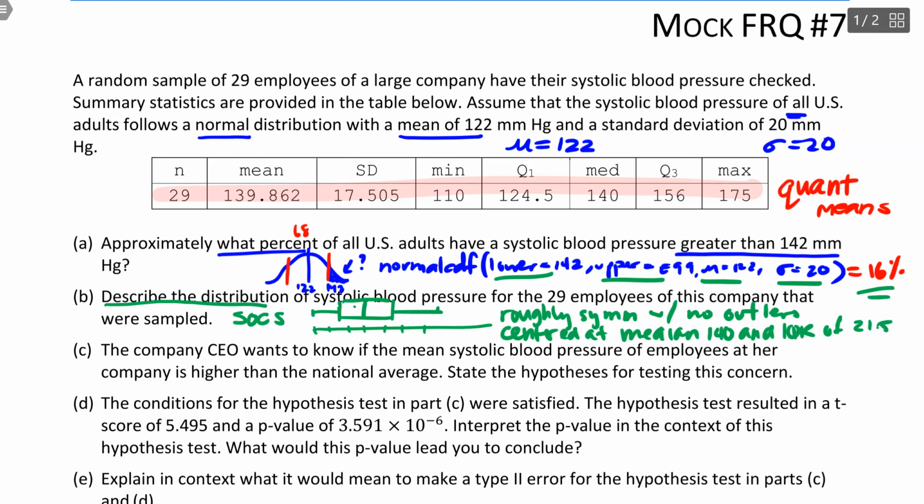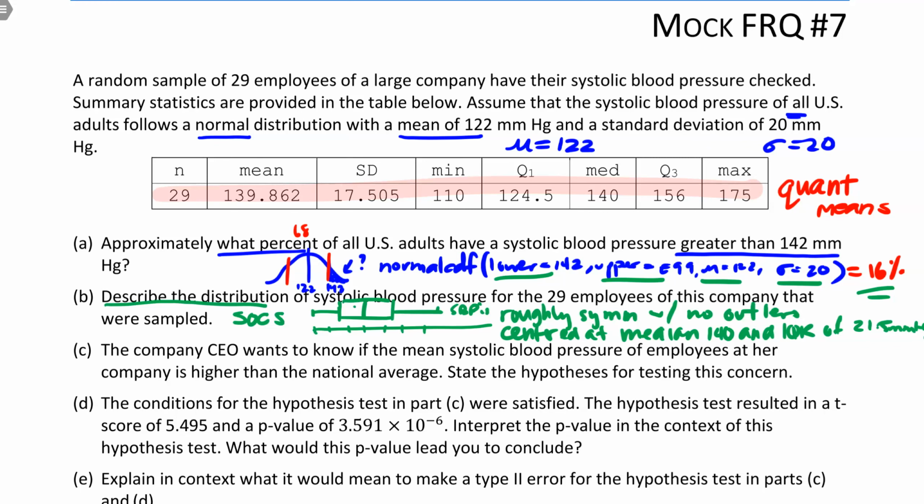And here's one thing we need to make sure we have some reference. So we might want to put at the beginning, systolic blood pressure is roughly symmetric, or just throw in some units here on those two measures of center and spread. Either one of those will get us our context and knock the rest of this out in terms of SOCS.